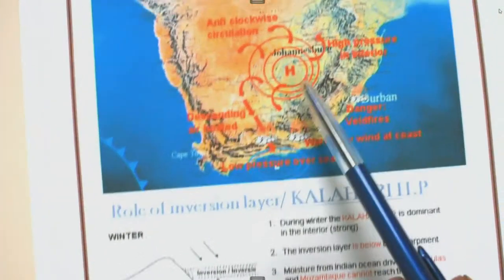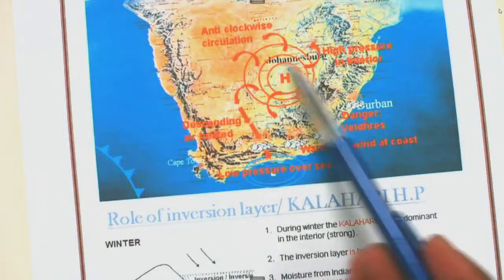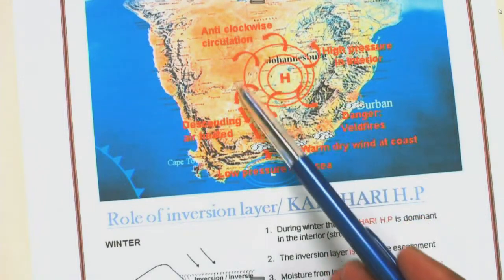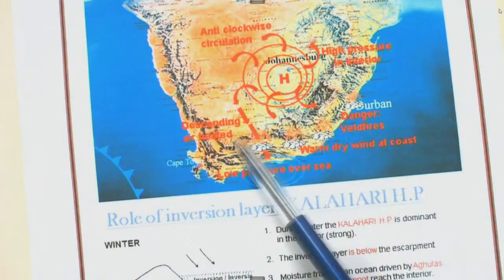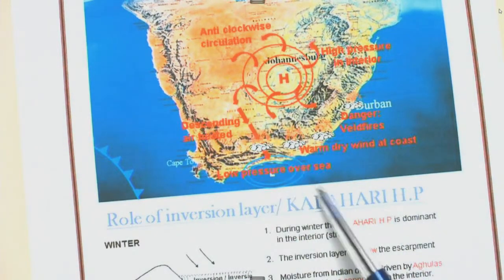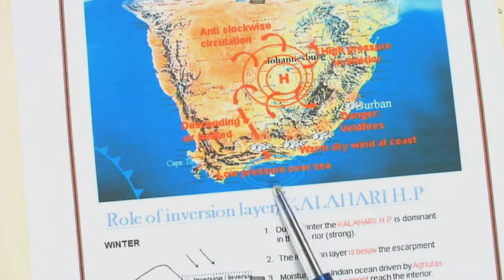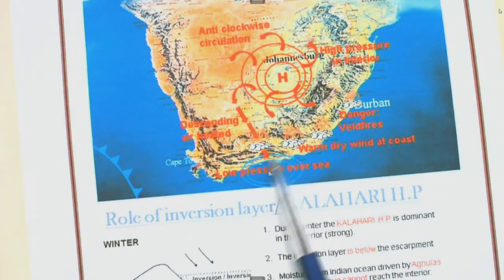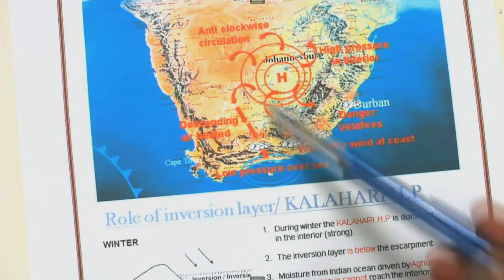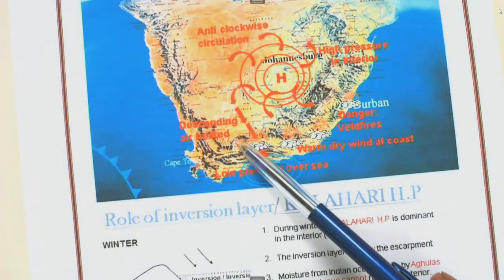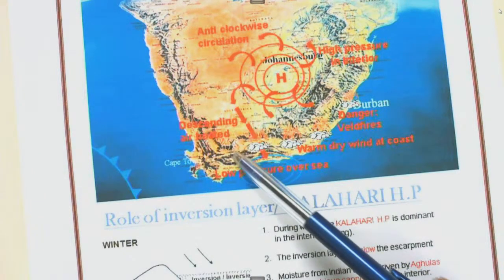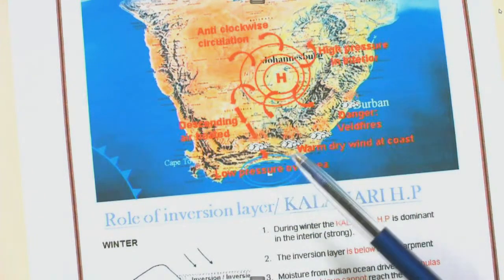So this is where the Berg winds originate, the hot dry wind blowing down the mountains here, and moving towards the low pressure cell, the coastal low that we see here around this area, and as it descends, it is warmed up vertically at a rate of 1 degree Celsius per 100 meters.